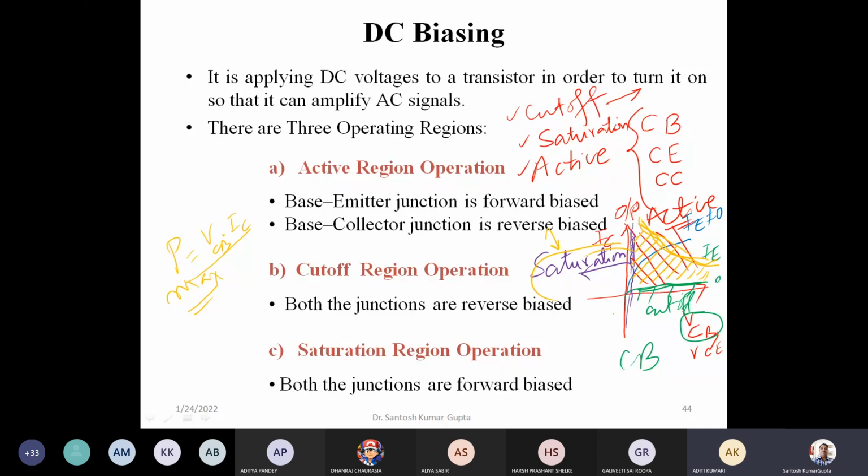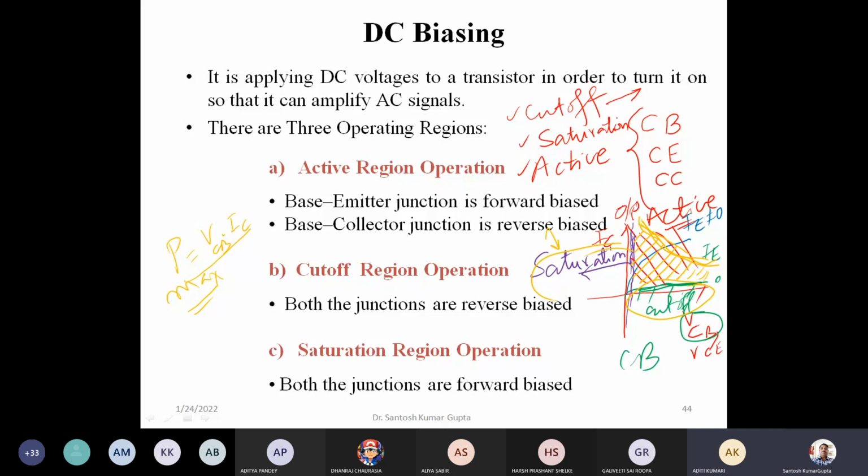That is not actually useful for us. Similarly, in the cutoff region, if we bias and change the input signal by a small value, one part goes into the active region and another part goes into the cutoff region. That is also not useful. In the cutoff region, the output is not proportional to the input. The input may be changing, but we will not get any output corresponding to that. So these are the problems associated with these different regions of operation.